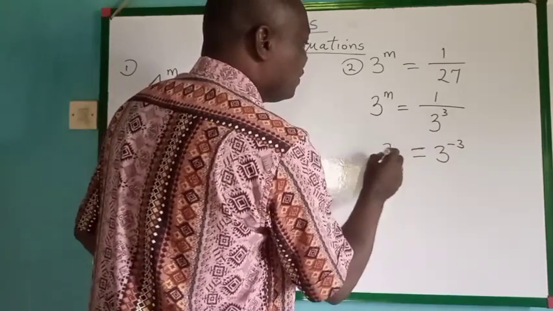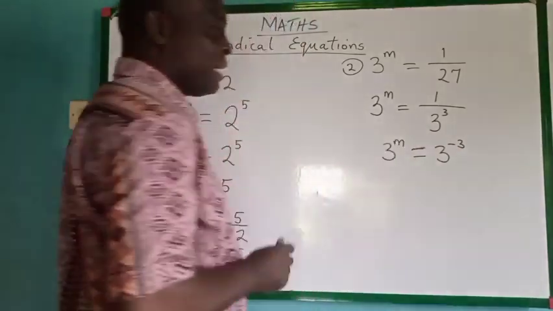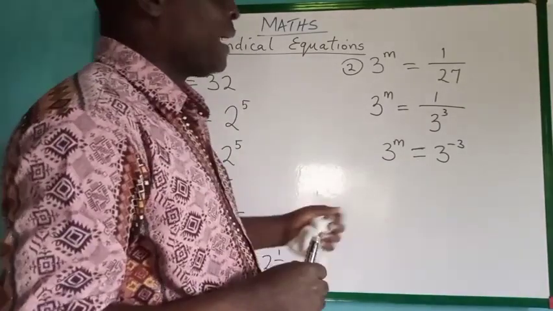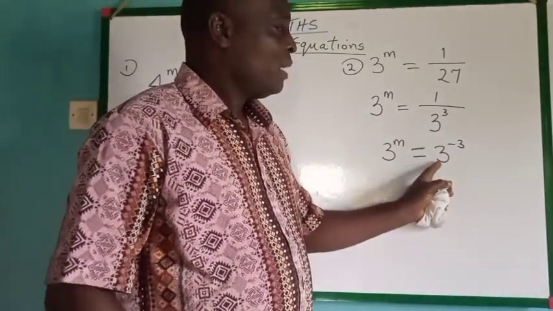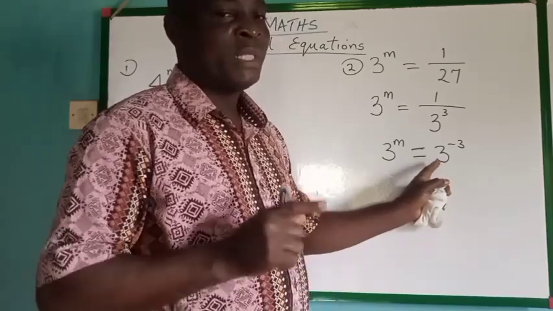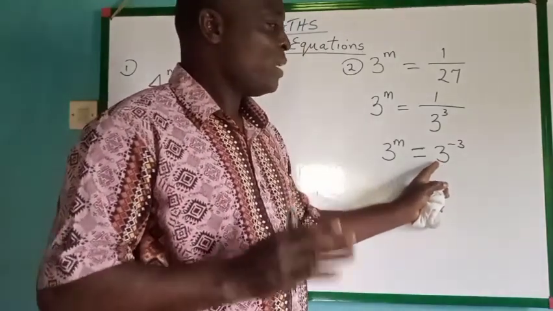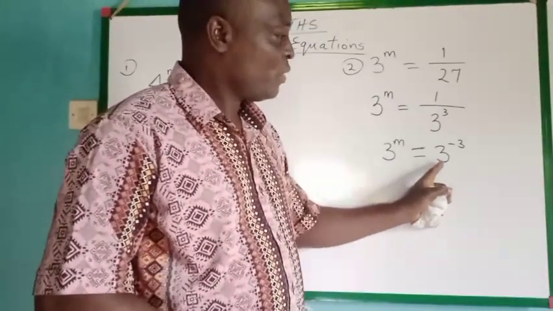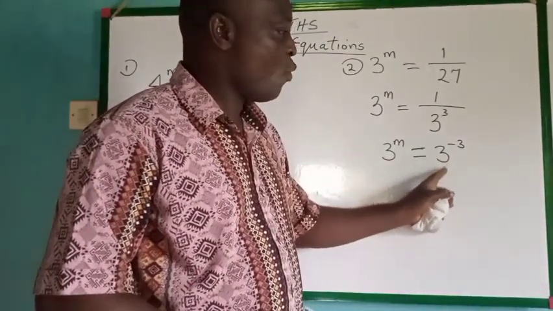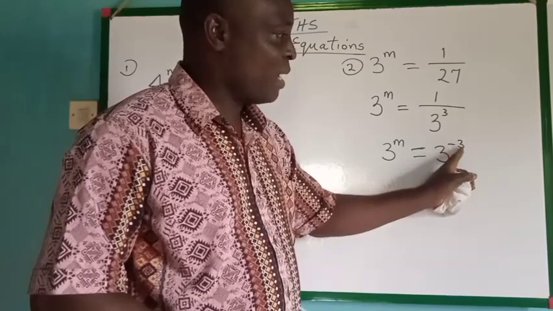So we bring down the left hand side. Like I said before, if you see this, you remember when we dealt with negative indices, which is reciprocal. If I want to express this one in another form, I will just say 1 all over, because of this negative power.